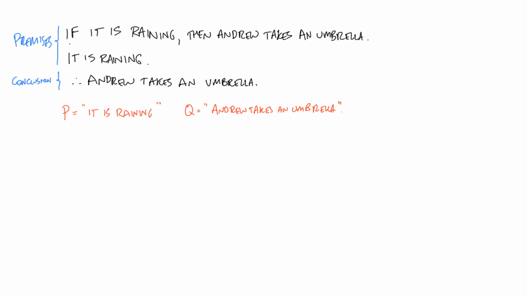The first premise says, if it is raining, then Andrew takes an umbrella. That's P implies Q. The second premise says, it is raining, which is P. And the conclusion says, therefore, Andrew takes an umbrella, so therefore, Q. And this is what's called an argument form.